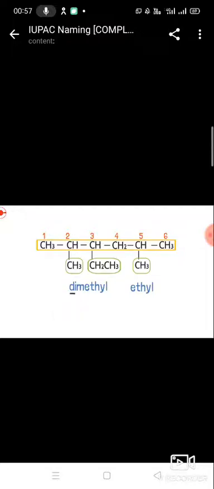And if you count from here, 1, here also 2, 3, 4, 5. So then we have to add ethyl, dimethyl.